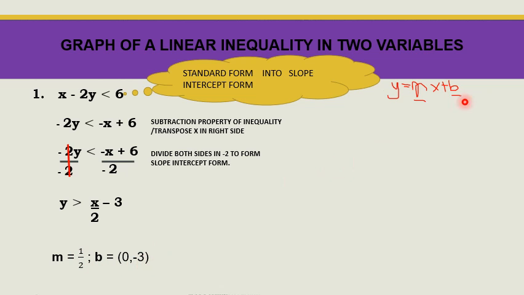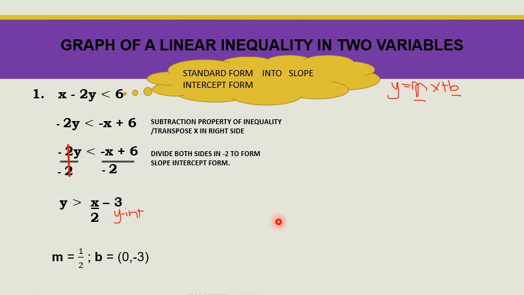As you can see, the b here is the y-intercept. So let's write the y-intercept. When you say y-intercept, the x is 0. So the 0 is for x and the y is negative 3.